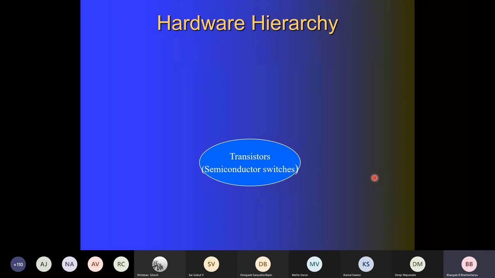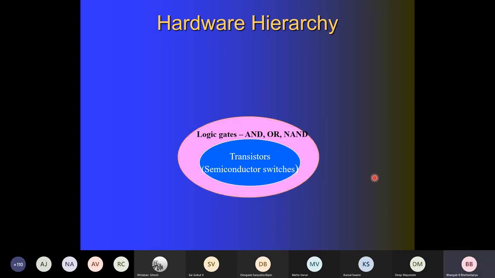By interconnecting several transistors suitably, you can form different kinds of logic gates, and interconnecting logic elements, you can construct flip-flops and so on. So at the bottommost layer, you have the transistors. These are the basic electrical elements, which are semiconductor switches, and they can have two states, either 0 or 1, or on or off.